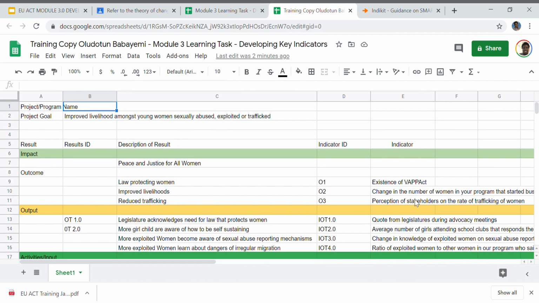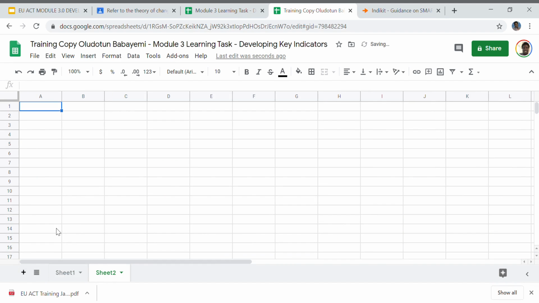That might be a project goal. Let me see if I can, because I still have some time. So project goal: increase participatory budget in, what state can we use now? In Sokoto state.